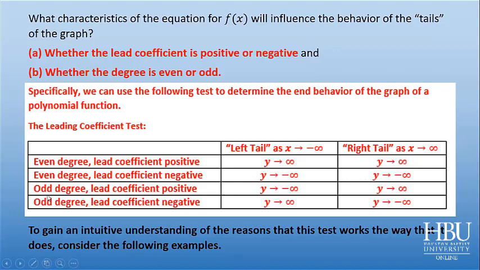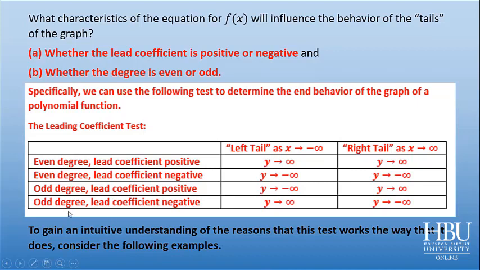If the polynomial is odd degree and has a lead coefficient that's positive, on the left, as x approaches minus infinity, y will be approaching minus infinity as well. And on the right, as x approaches infinity, y will be approaching infinity.